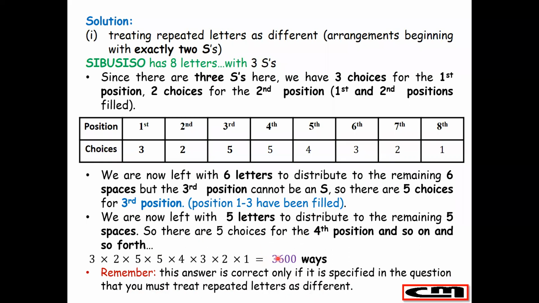So you can see that in our case, it's correct because we are told to treat the repeated letters as different. If it was not saying that, this was not going to be the answer, and this was not going to be the approach.